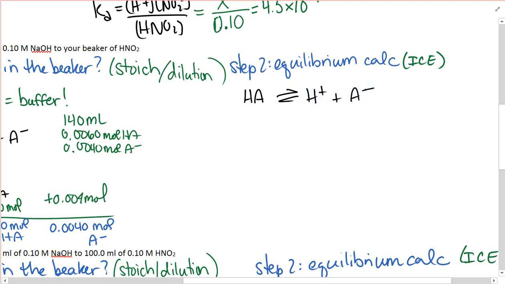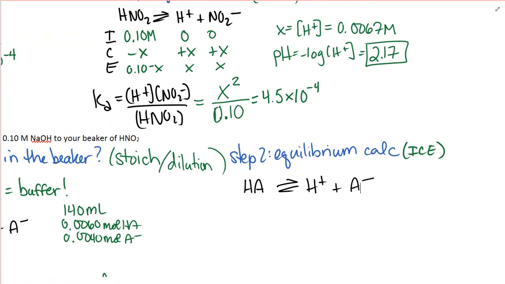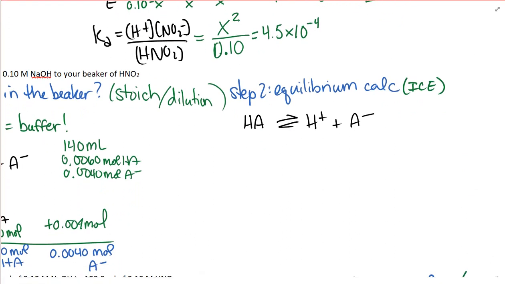Remember, whenever we have a buffer, that means we basically have a reactant and a product in one of these equilibrium reactions. Notice how the reaction here is the exact same as the reaction that I wrote up here, right? So HA dissociates to make H plus, A minus. Although here I use the actual symbols. Sorry, I kind of went into my shorthand here. So I'm going to set up an ICE chart.